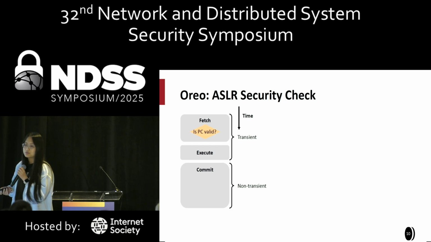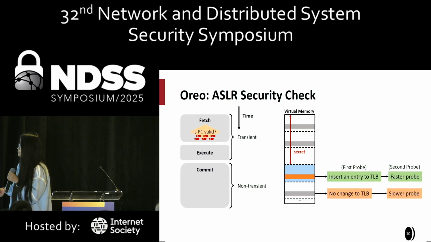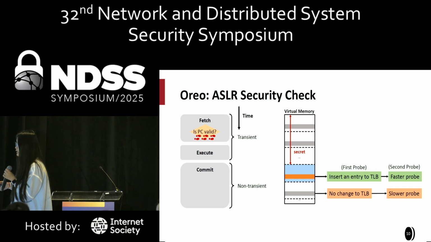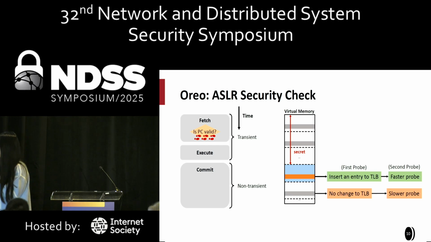For example, recall the second attack. When probing valid and invalid addresses, the processor behaves differently, and only the translation for a valid address is inserted into the TLB, so reprobing the valid address has a shorter latency than reprobing the invalid ones.